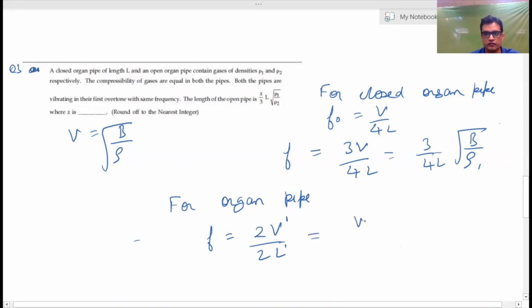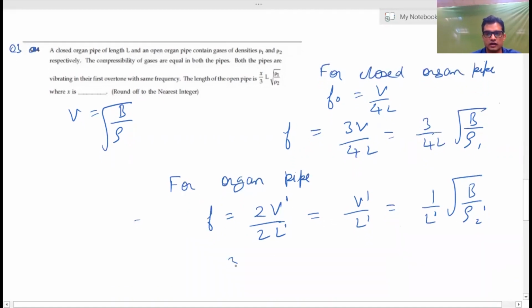So here we'll get v dash upon L dash, and v dash will be under root B by rho 2 into 1 upon L dash. And it is given that both frequencies are equal. So I'll equate them. So 1 by L dash is equal to under root B by rho 2, and here under root B by rho 1. Here not rho 2 dash, rho 2.